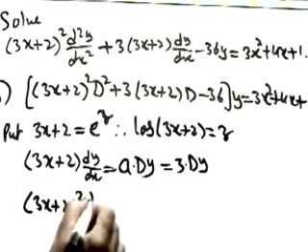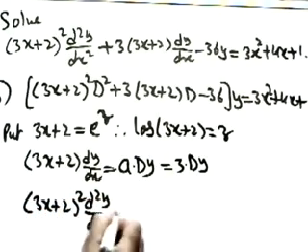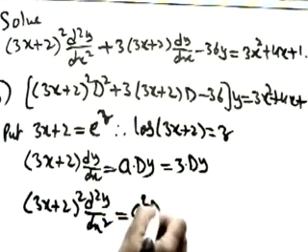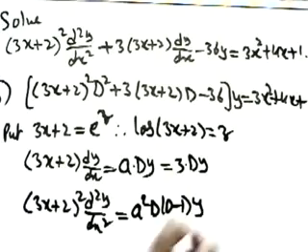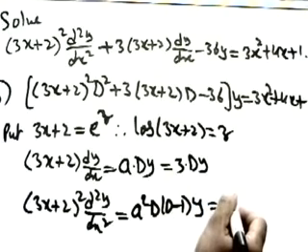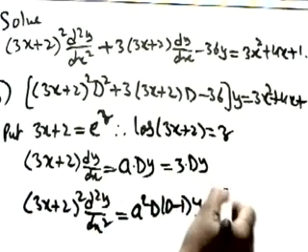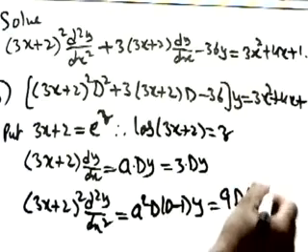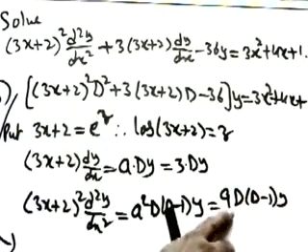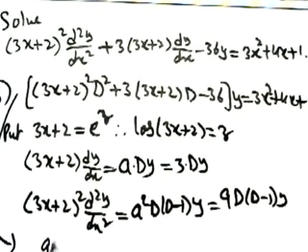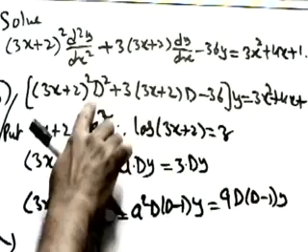Now the next step: (3x plus 2) whole square d square y by dx square is a square D into (D minus 1) into y. So a square means 3 square, which is 9, into D into (D minus 1) into y.